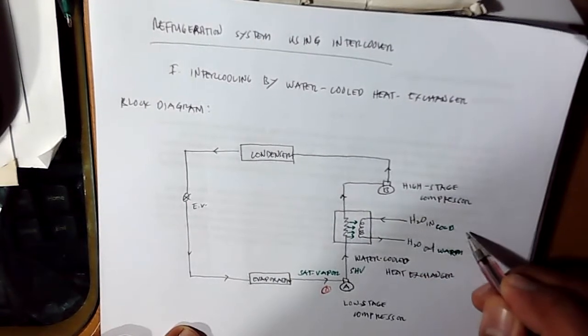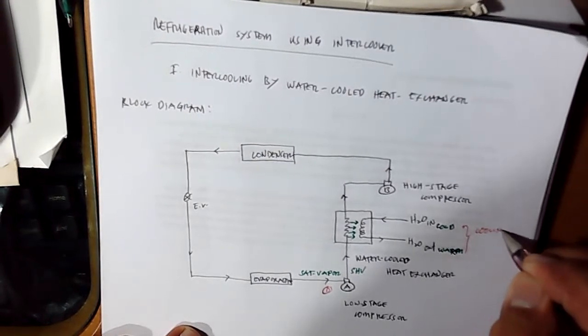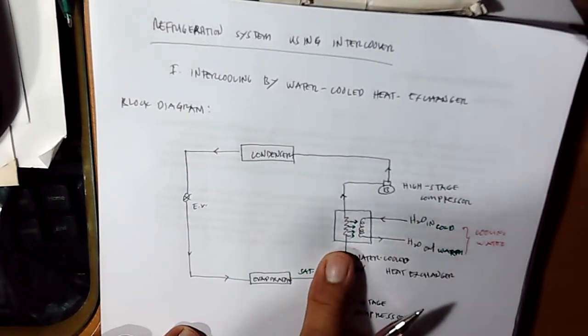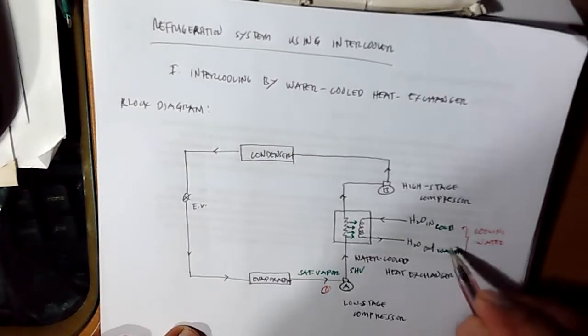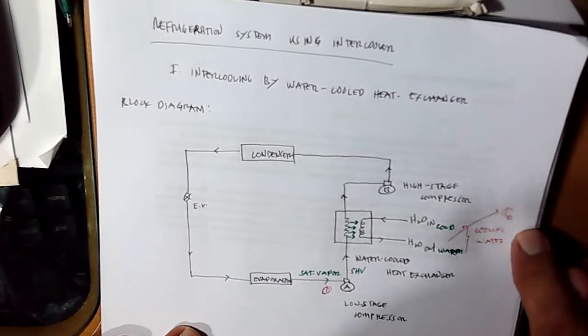Because of this intercooling, all of the heat coming from the refrigerant side is rejected to the atmosphere through the cooling water. So we have that QR.